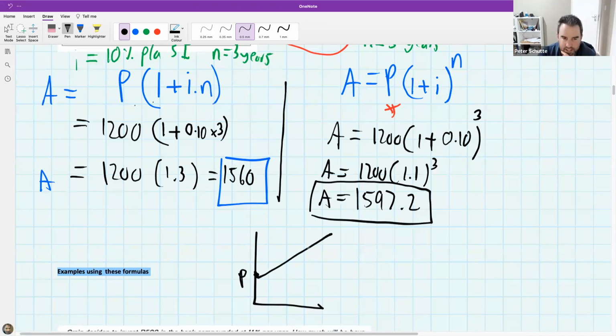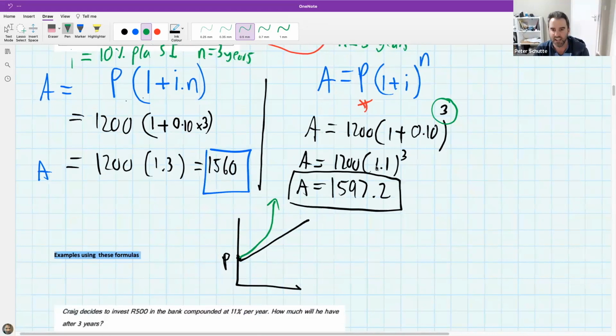It goes up at a steady 10% per year, whereas the compound interest graph is going to be a curved graph. It actually looks like that. Yes. So because of this exponent, this growth goes up. Another way of saying that is that compound growth has interest on interest.